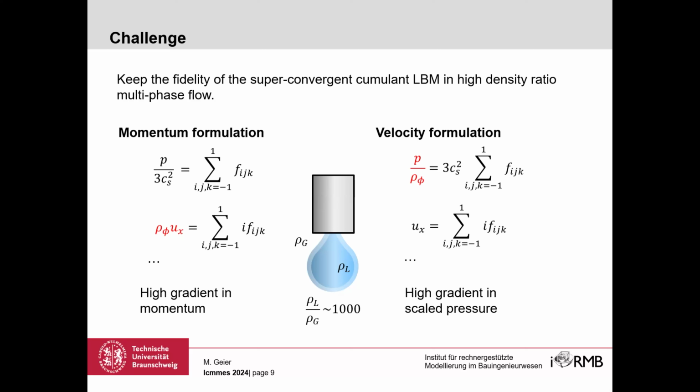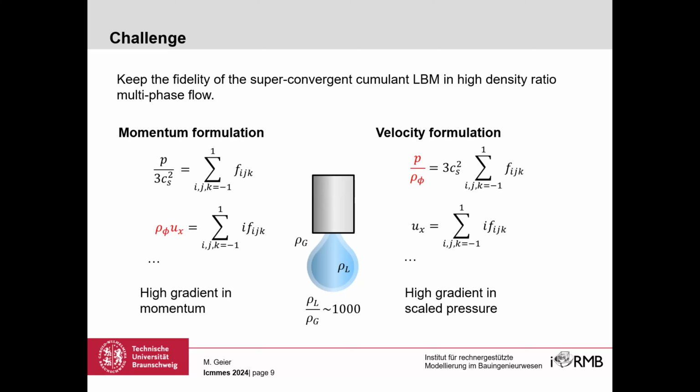Unfortunately, this is not true, because in the velocity formulation, as we have seen already in the first talk this session, we get the problem with the scaled pressure. We don't have pressure here, we have scaled pressure. And when we want to have the pressure in both phases being the same or very similar, then because we have to divide by the density, we get a high gradient in the scaled pressure in the interface.